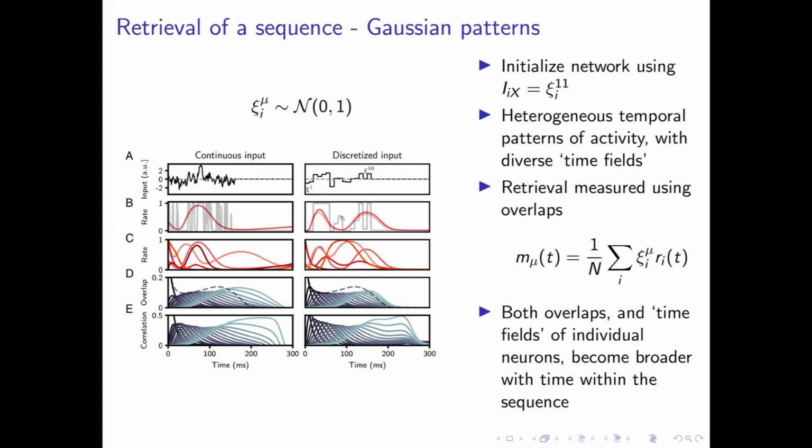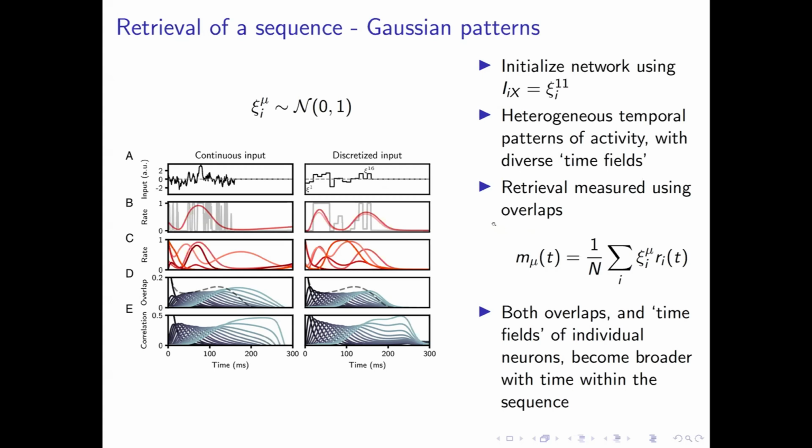So in this case, you have a neuron that has two time fields, if you will. It fires at two different times in the sequence. But then, of course, because all the neurons see random IID sequences of this psi, you can see that there is a strong heterogeneity. Some neurons are active just at the beginning, others are active in the middle, and so on and so forth. So there is a strong heterogeneity in the temporal patterns of activity.